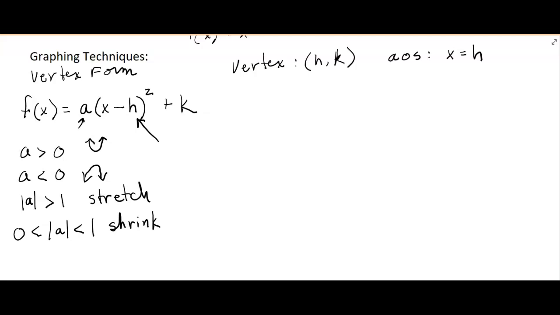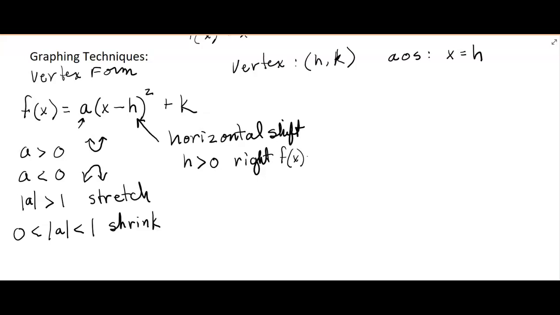h is the horizontal shift. If h is greater than 0, then it's going to go to the right. So an example of that would be f of x equals, you know what, I don't want to write it there. I'll run out of room. Let me write it underneath. f of x is equal to (x minus 2) squared.